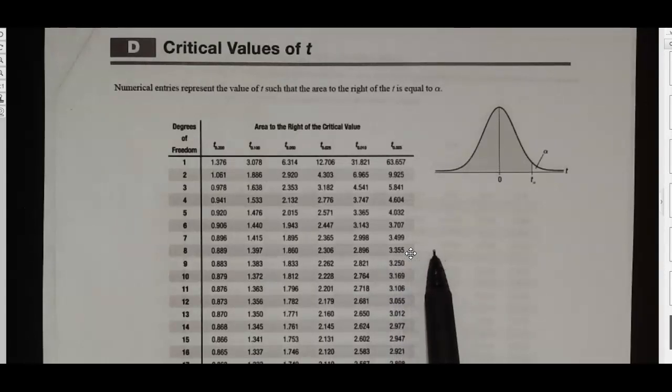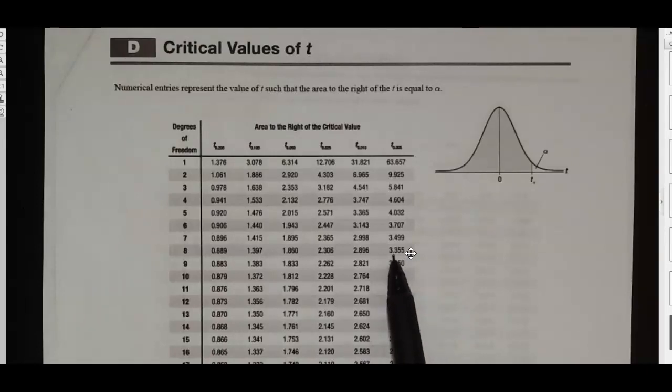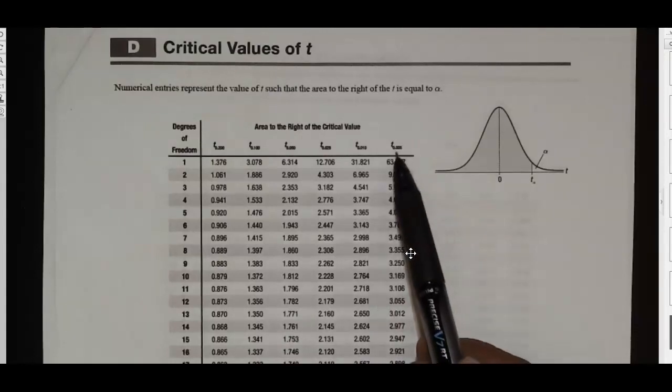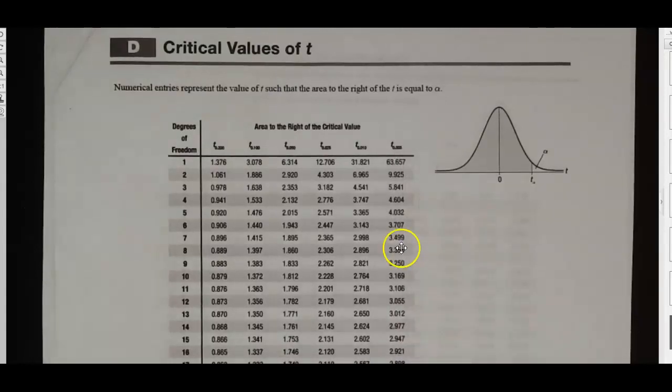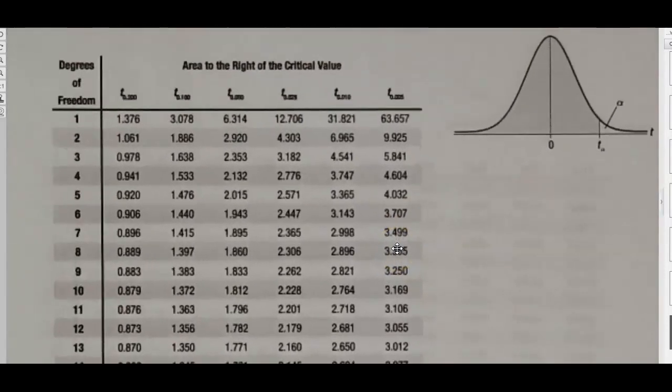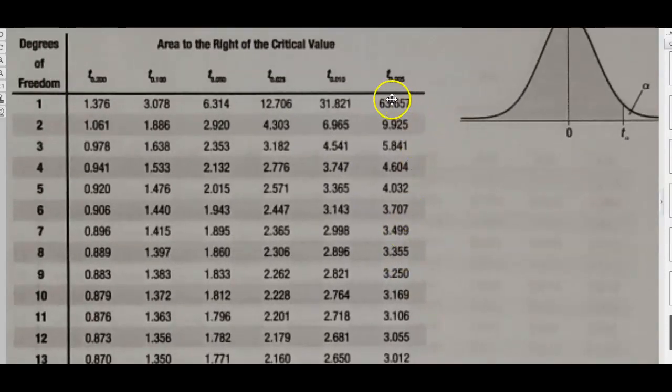Our value is 6, which is almost twice this highest t value on the table. And it's hard to see, but this corresponds to an area under the curve of 0.005.